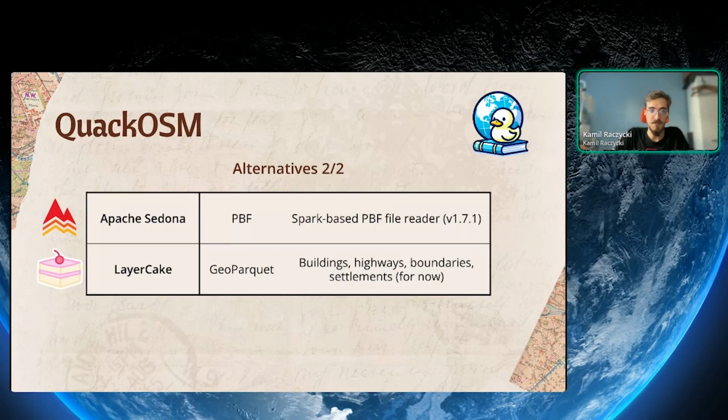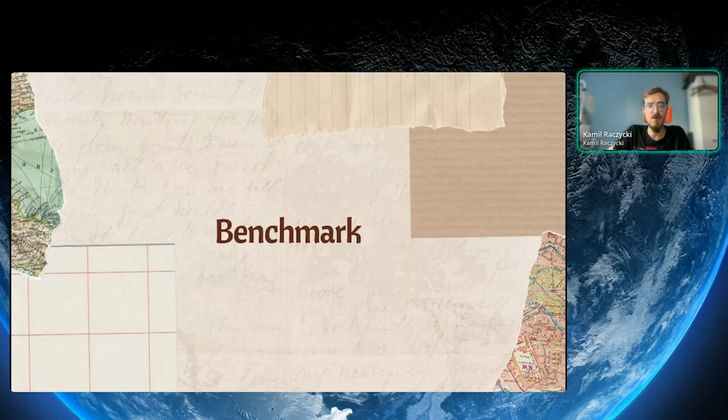There's also Apache Sedona. If you want to use Spark Reader, there's a PBF file reader since version 1.7.1. And you can get GeoParquet files from Layercake that I mentioned earlier, but there are only 4 layers right now.